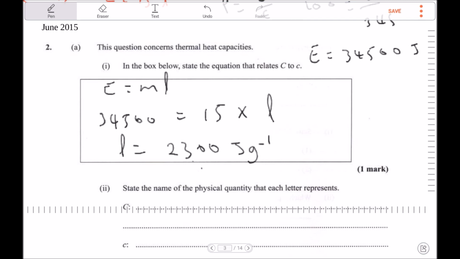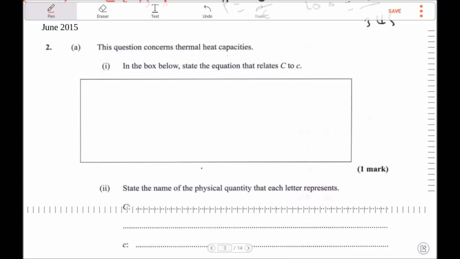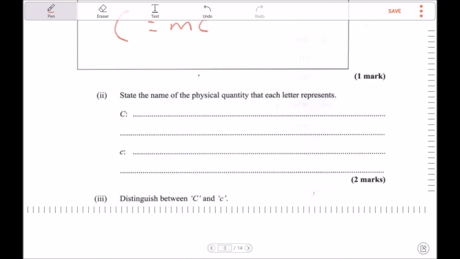So let me just erase it now and answer the other questions. In the box below, say the equation that relates big C to little c. So big C is heat capacity. So that's heat capacity equals mass times specific heat capacity. So big C, heat capacity.